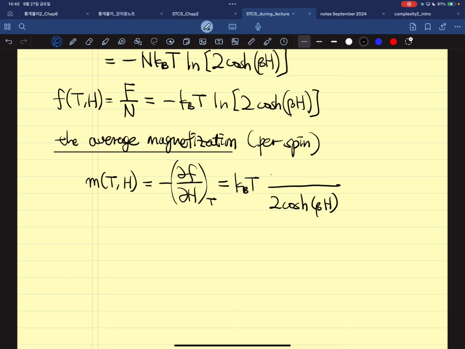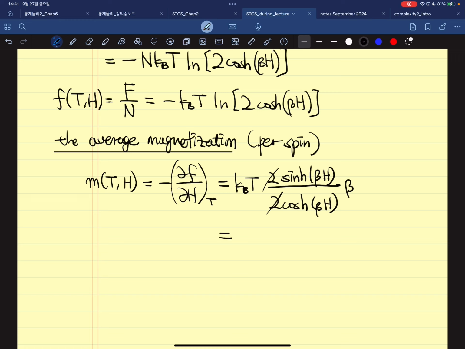So twice the derivative of the hyperbolic cosine function. Anyone remember? Yeah, hyperbolic sine. So it's hyperbolic sine beta h. And we should not forget that we take a derivative with respect to h, so there's an extra beta factor here. Yeah. And we can get rid of this one.